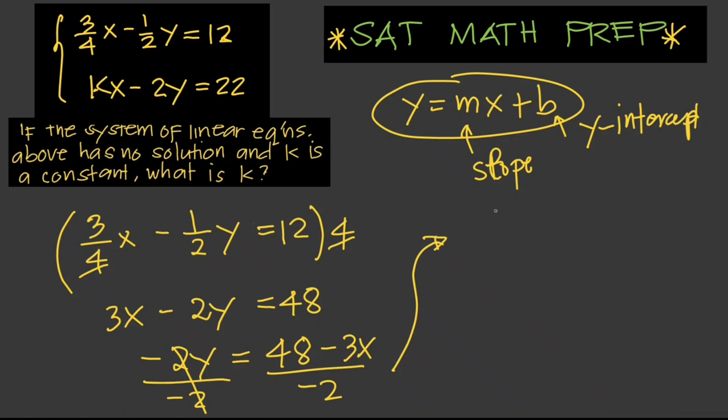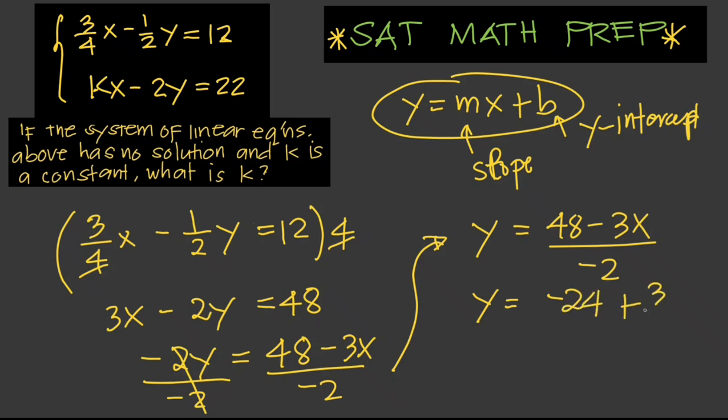Then we have y equals (48 minus 3x) over negative 2, or just y equals negative 24 plus 3/2 x, or just y equals 3/2 x minus 24. So our slope for the first equation is 3/2.